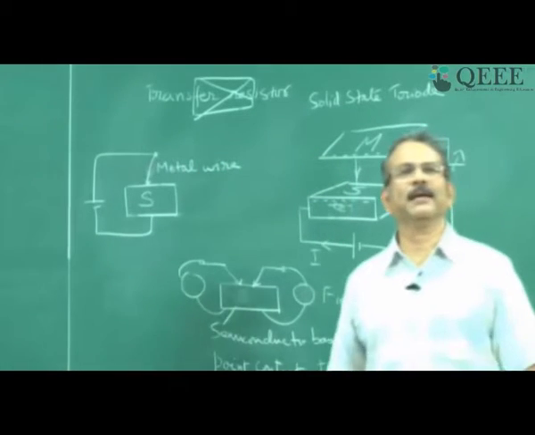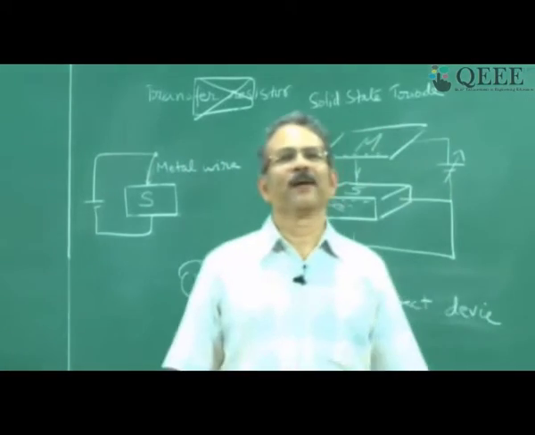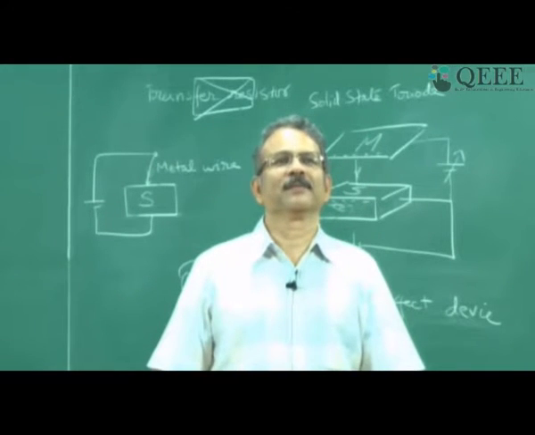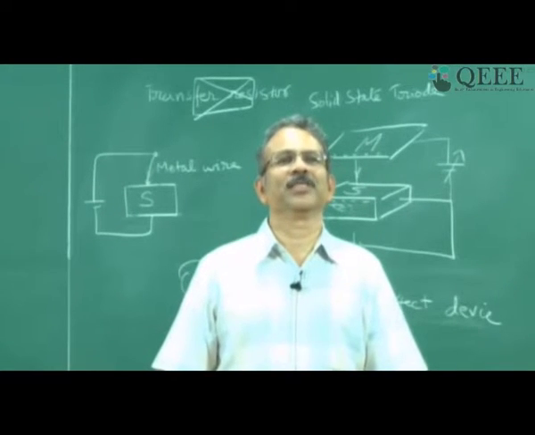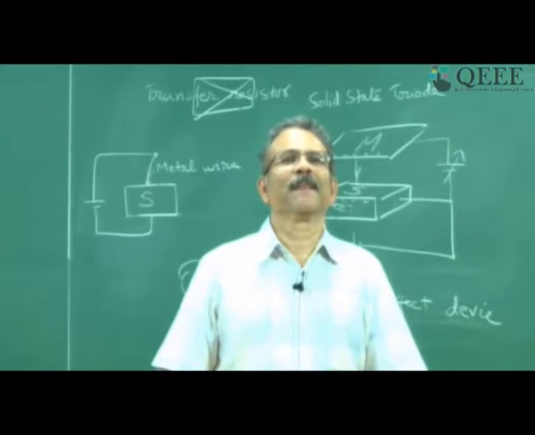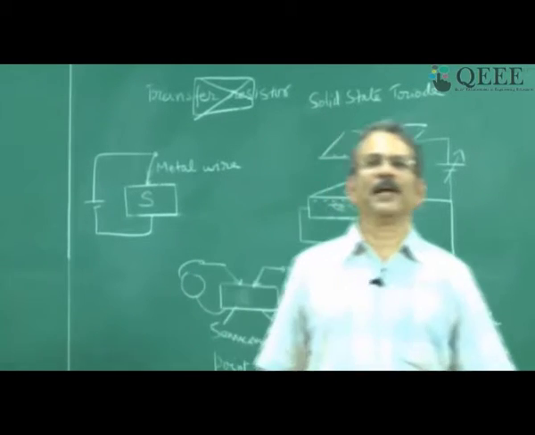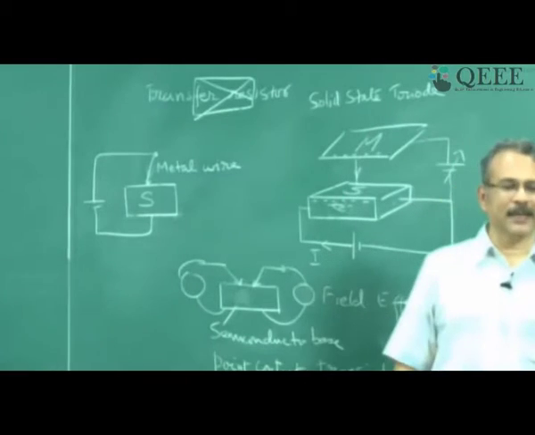Tyagaraja College of Engineering. What was the first question for which you were asked to do net search? Operation of vacuum tubes. Operation of vacuum tubes. Can you hear me? Good. I think that makes it 4.